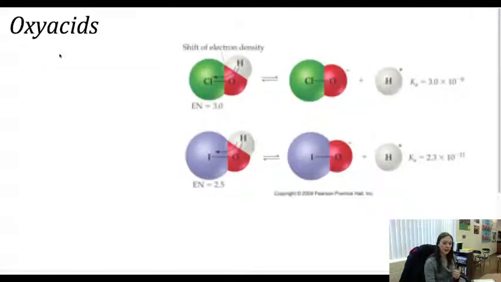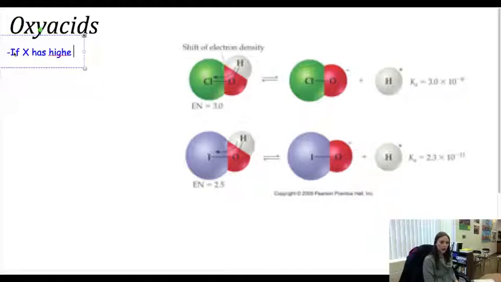If we look at what we call oxyacids, remember those are things that have oxygen with them now. And now we're looking at a chlorine or an iodine, an O, and an H. So I've got some number of oxygens connected to my H. Well, you have two things to look at. If your X has a high electronegativity, meaning it's going to take those electrons and pull them next to it, so chlorine and iodine have higher electronegativities.